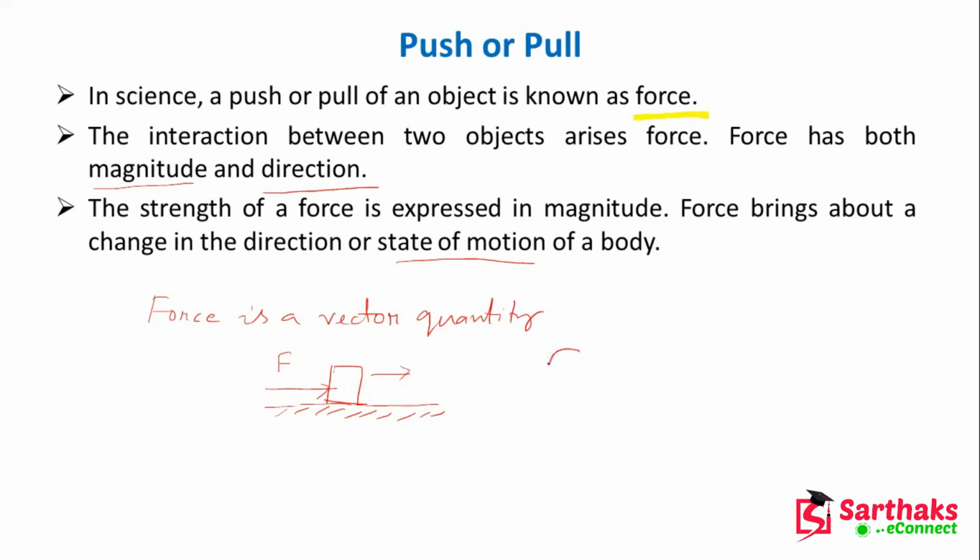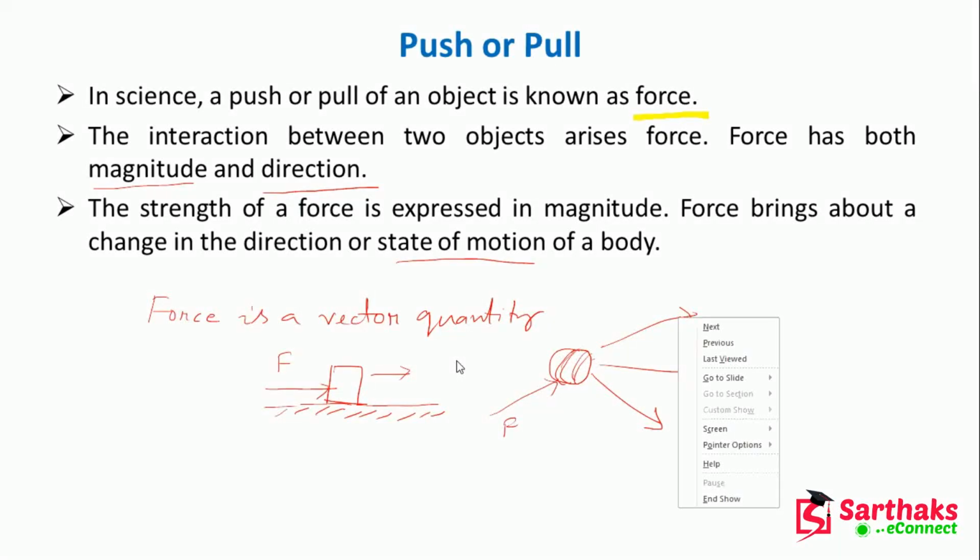Suppose you have one ball here. Now what we can do with this ball, I can move this ball in this direction or in this direction or in a straight direction. That depends on the applied force direction. So if I am applying the force in this direction, obviously it will move in this direction.